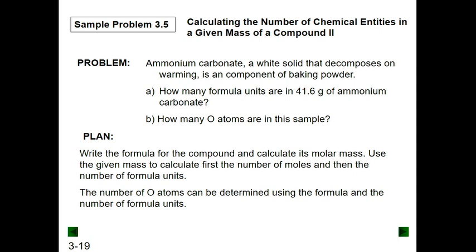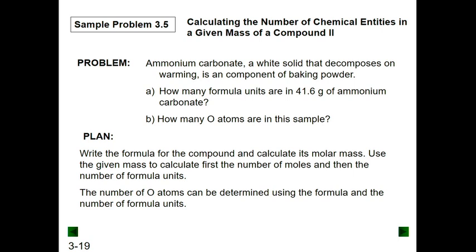Magic number, 6.022 times 10 to the 23rd. So 6.022 times 10 to the 23rd formula units of ammonium carbonate. So you cancel the moles here, and now you have the formula units. So in that way, you can solve part A.